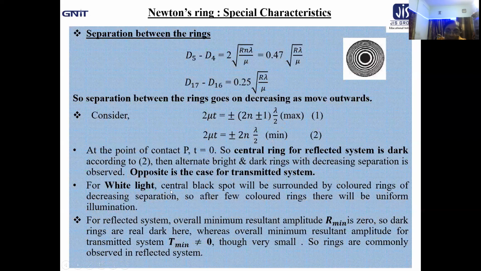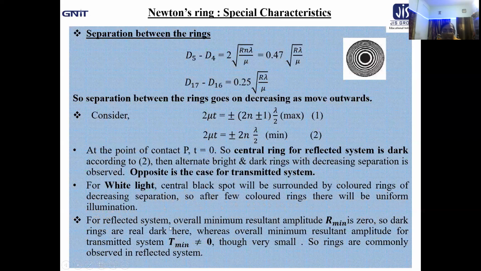Now, with white light, the central black spot will be surrounded by colored rings of decreasing separation. So the central black spot in the reflected system will be surrounded by colored rings of decreasing separation. After a few colored rings, there will be uniform illumination.